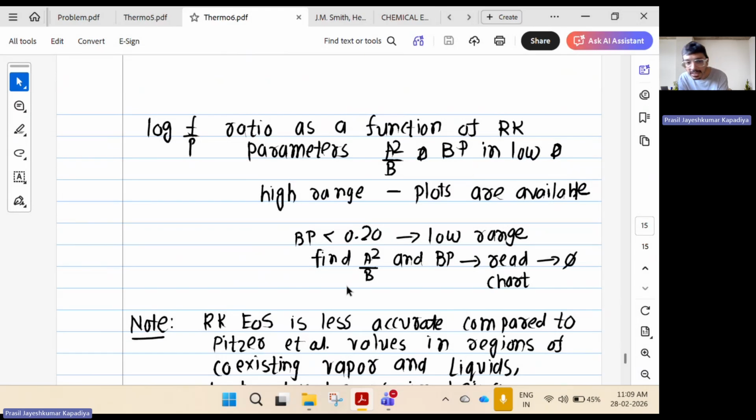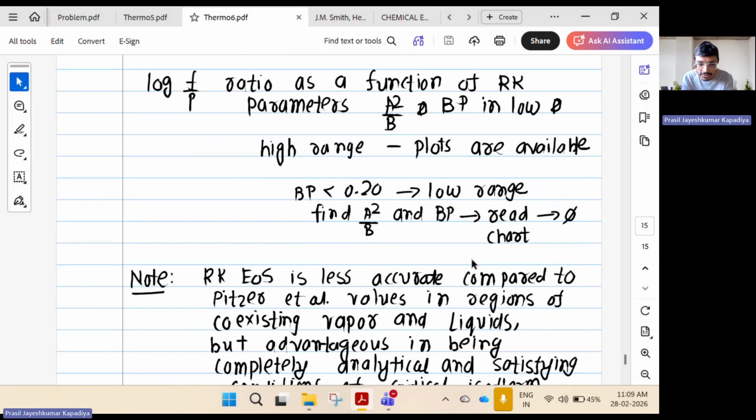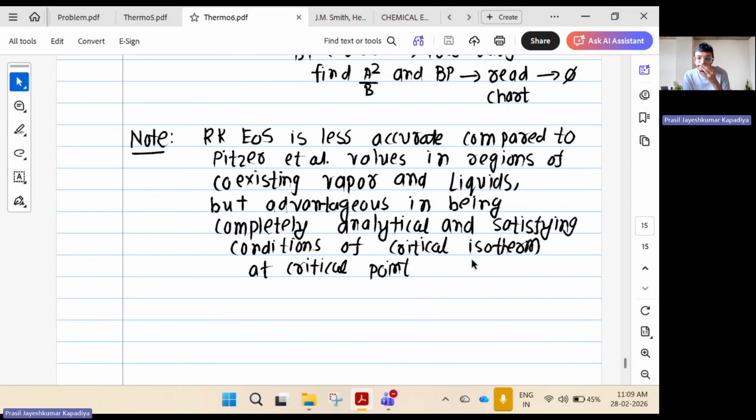So when my BP is less than 0.20, it is called the low range ratio. So what do I need to find? First, I need to find the values of A square by B and BP. That will give me the range. And from that, I need to read the chart, and that reading of the chart will basically give me the value of the fugacity coefficient. Okay.